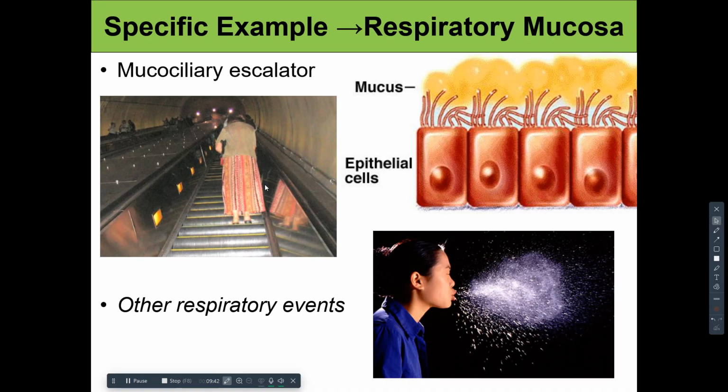Maybe about 500 milliliters, like a regular sized water bottle, a day of mucus we unconsciously swallow. And that mucus contains trapped pathogens as well as anything else that we breathed in. Now, of course, other respiratory events that help us get rid of infectious agents include sneezing and coughing. Those, while annoying, have immune benefits.